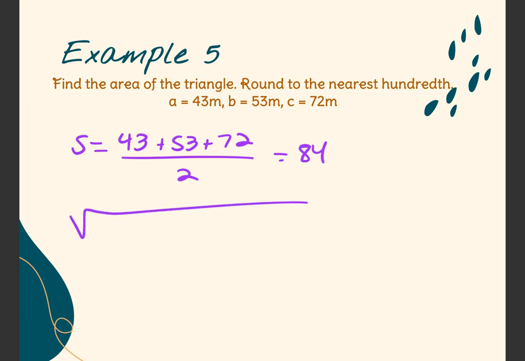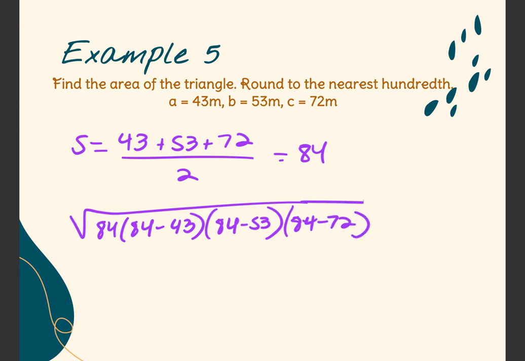Then I do the square root of 84 times 84 minus 43 times 84 minus 53 times 84 minus 72. 84 minus 43, and I take that whole thing in my calculator. 84 minus 53. 84 minus 72.